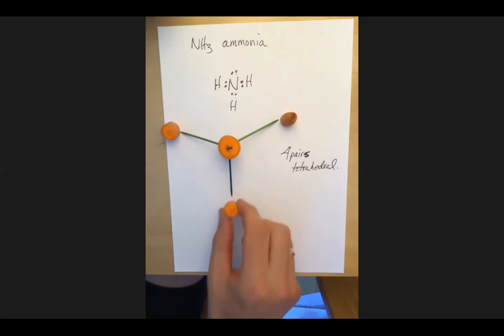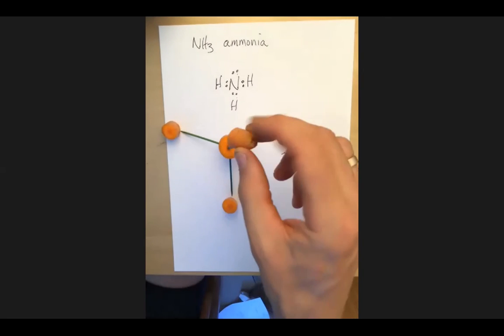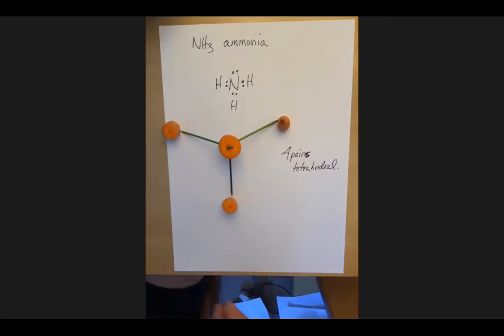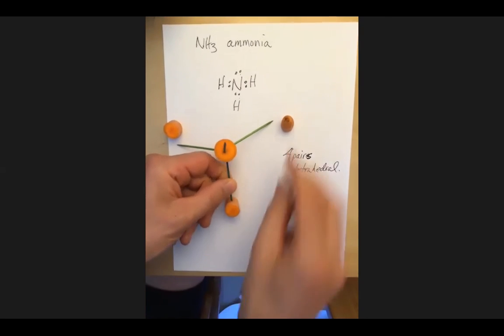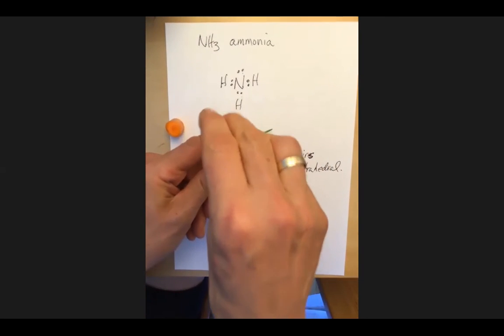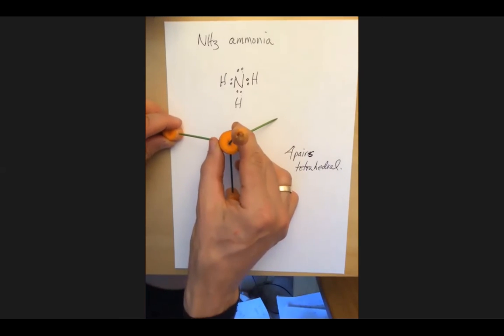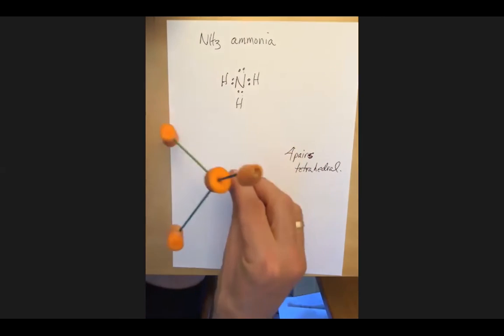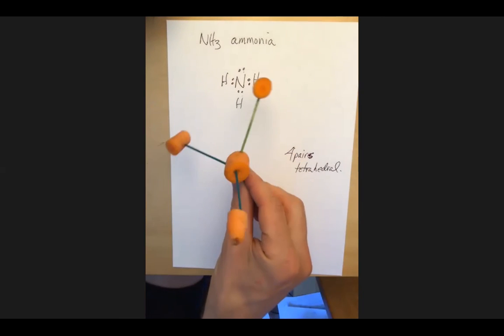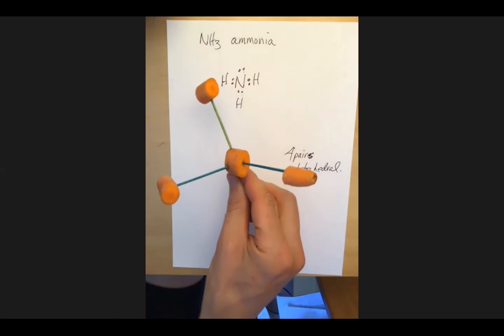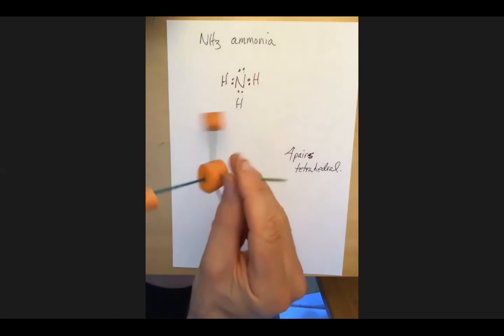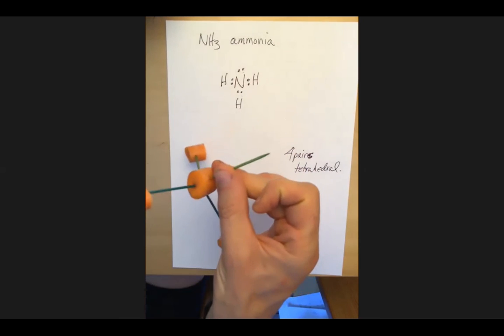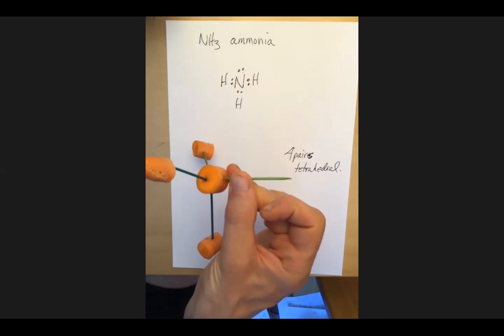Or I could put one here, and one on what looks like the top. And it just doesn't matter, but we're going to stick them on there. I'm going to go there, on the top, and over here. And so there are my 3 hydrogens surrounding my 1 nitrogen, and my 1 lone pair of electrons.